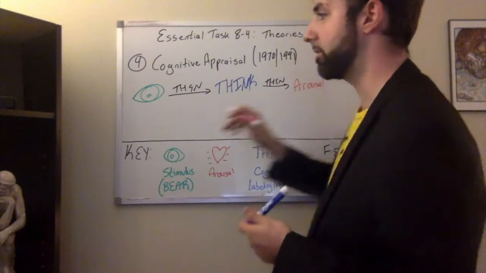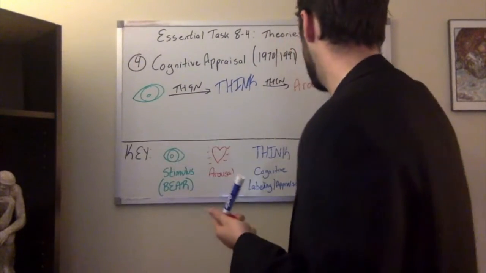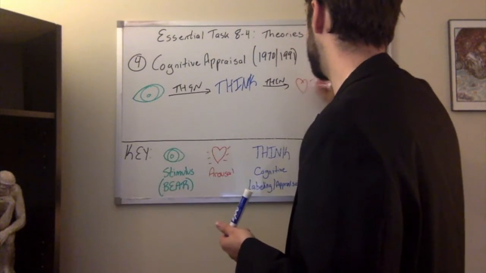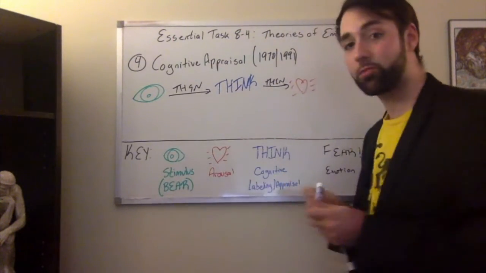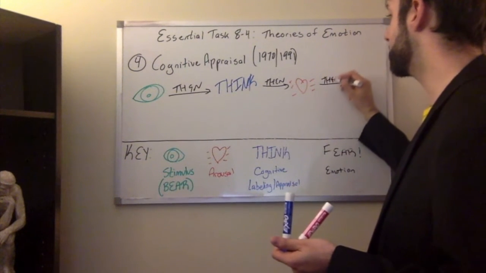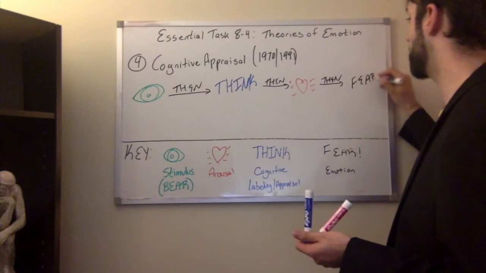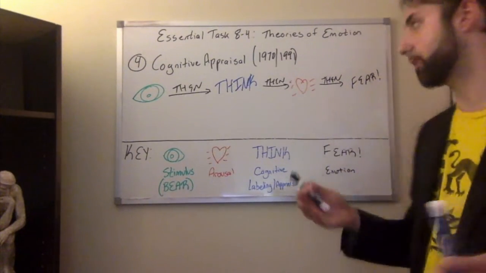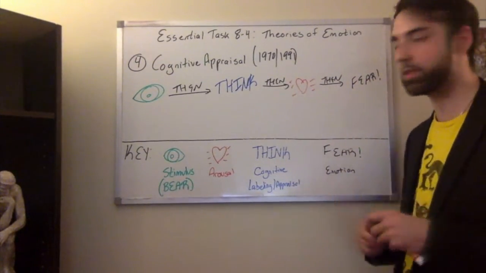Am I afraid of bears? How do I feel about bears? Are bears threatening? What is the circumstance in which I am seeing this bear? Once you realize that you are in fact afraid of bears, then your body responds with the physiological arousal. Once your body is responding with the physiological arousal, that is after when you feel the fear.